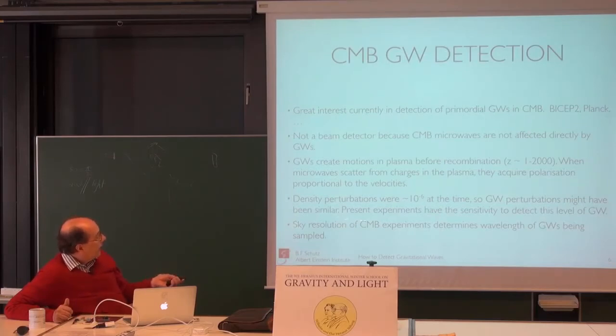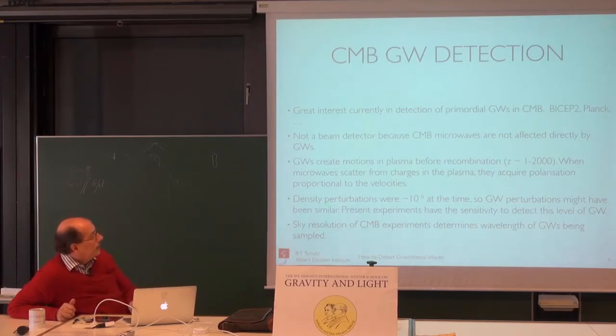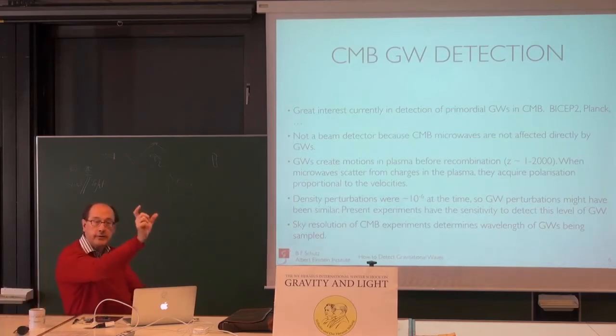And so that's the sensitivity, and the sky resolution of the CMB, all these little fluctuation elements that you can resolve, determines the wavelengths of the gravitational waves, because in each one of these cells, which is the angular resolution of these CMB experiments, you have to have a coherent gravitational wave signal.